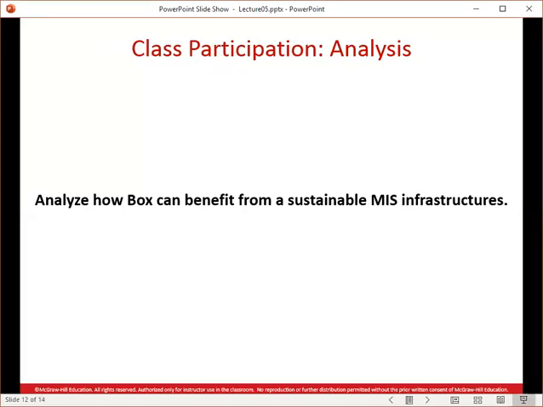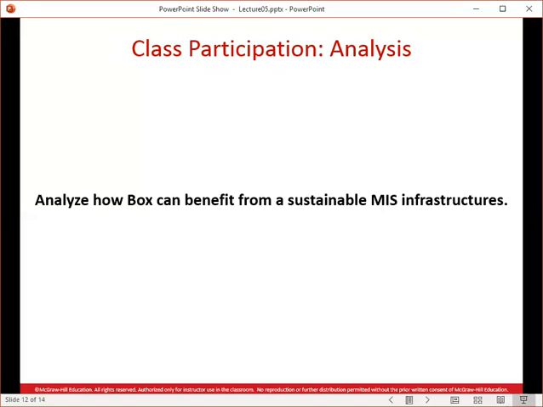So, analyze how Box can benefit from sustainable infrastructures. Sustainable MIS infrastructures identify ways that a company can grow in terms of computing resources while simultaneously becoming less dependent on hardware and energy consumption. Sustainable or green MIS describes the production, management, use, and disposal of technology in a way that minimizes damage to the environment.